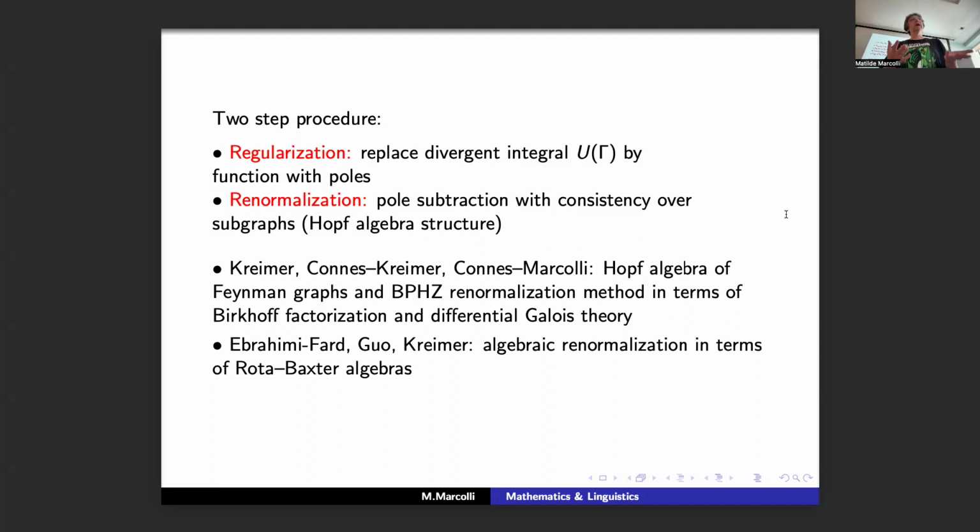And there is another point: there are usually several different regularizations that one can do for a given Feynman integral. There are things like dimensional regularization, cutoff regularization, zeta function regularization. There's a whole industry of regularization schemes that you can use for Feynman diagrams. But at the end of the day, the physical values that you extract have to be what they are. I mean, they have to be something that is measurable in some experiments.